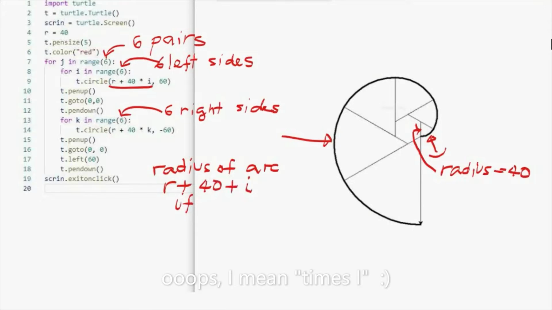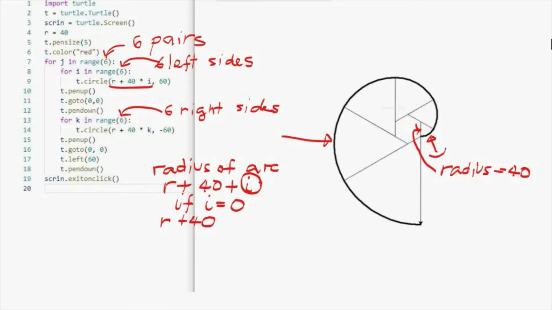If I is a certain value here, then we can solve for the radius here. So if I is equal to a number like 0, then our radius is equal to r plus 40 times I.